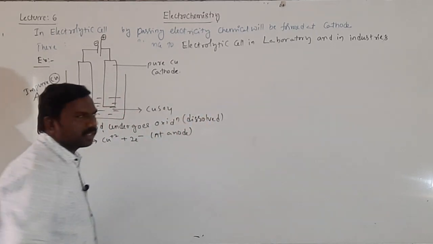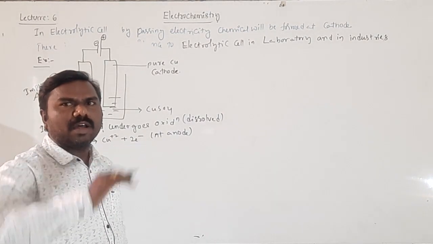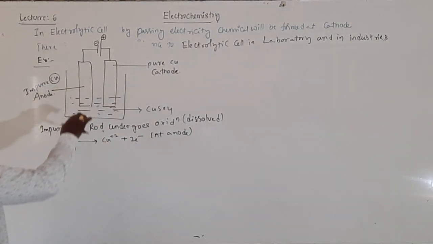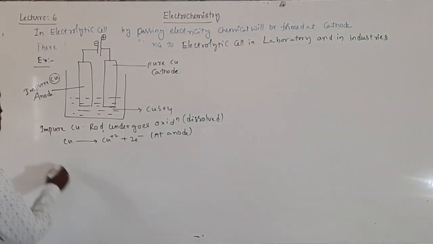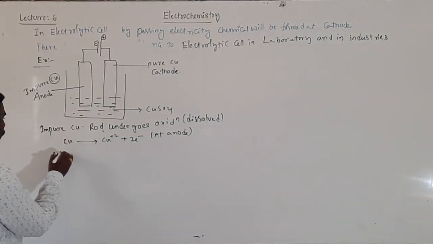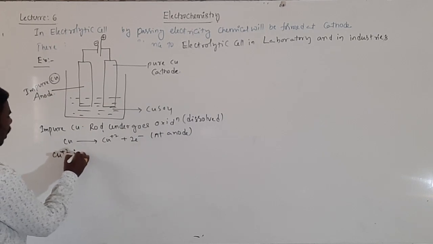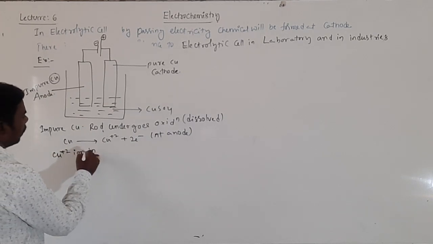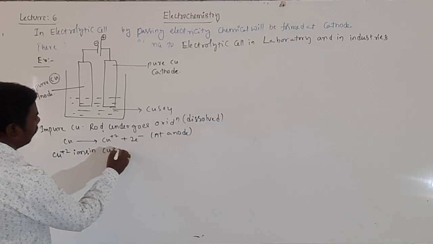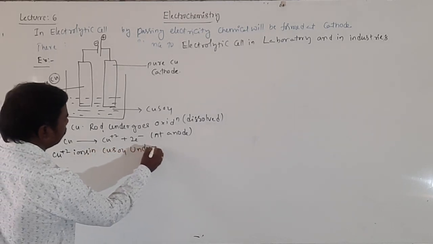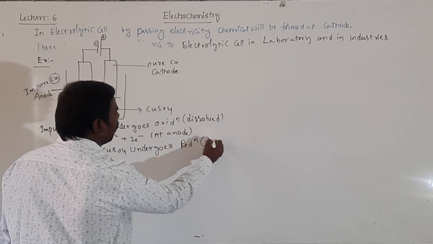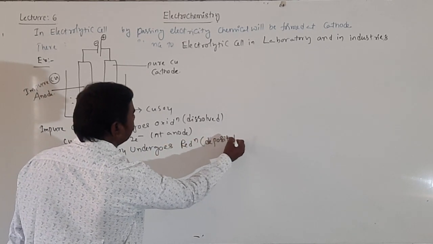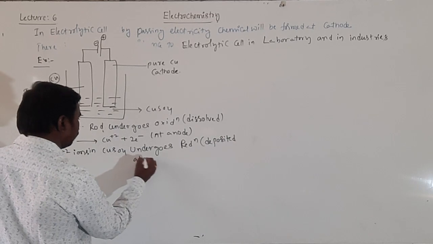It means in copper sulfate, the impure copper rod will dissolve. Gradually the size of that anode will decrease. Next, Cu plus 2 ions in copper sulfate undergo reduction. Reduction means deposited at the cathode.